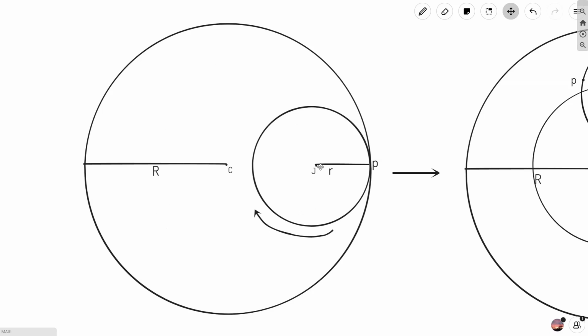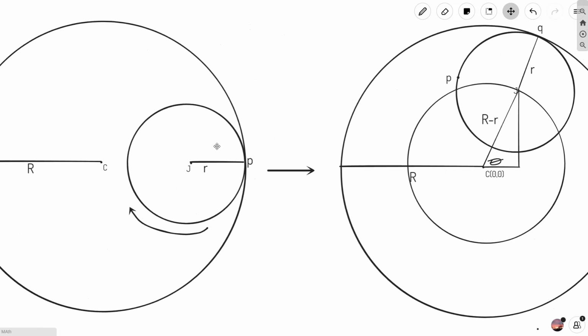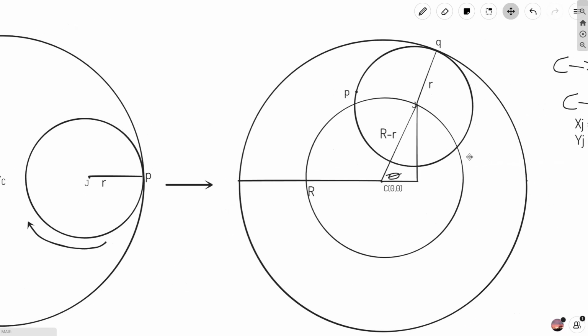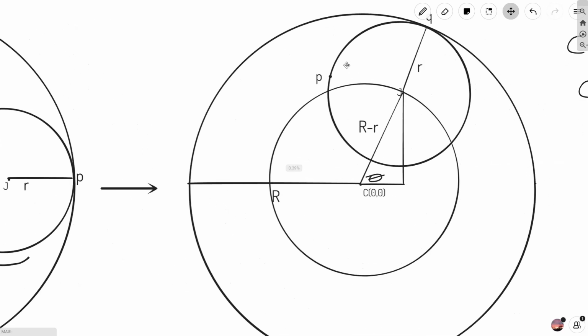J is moving in a circular motion around C, and that's exactly what we have done here. We drew a circle to represent the motion of J around C as it moves around like this.